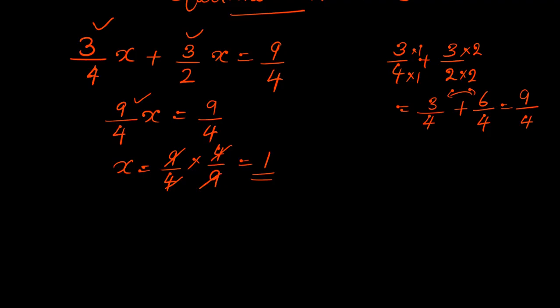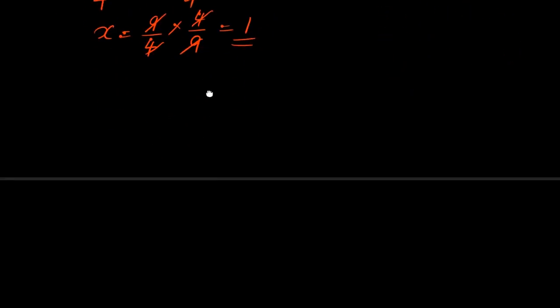Okay, we can check another question. Second question: 8 over 3 r minus 9 over 4 r is equal to negative 5 over 12.